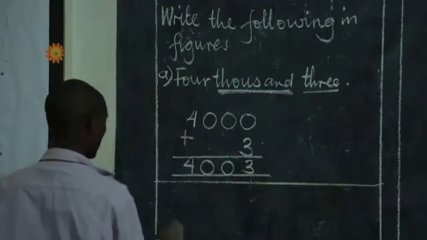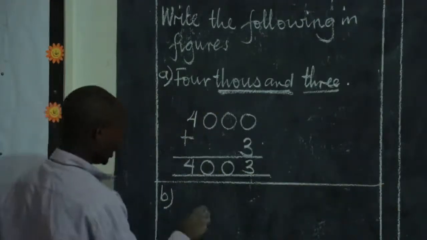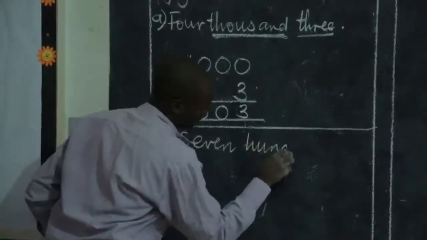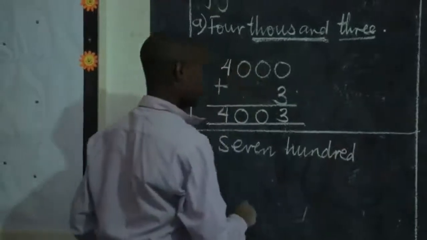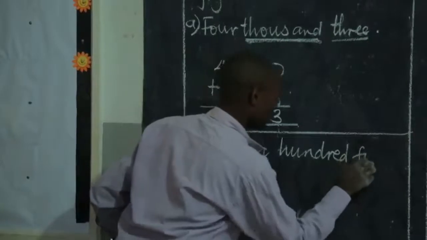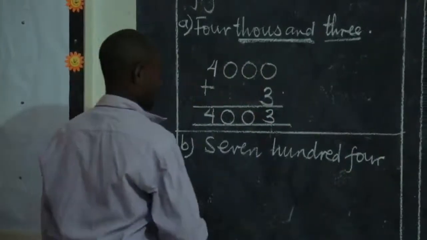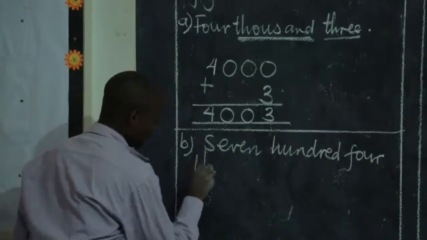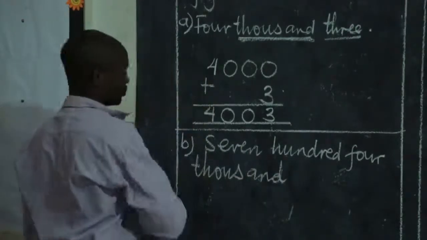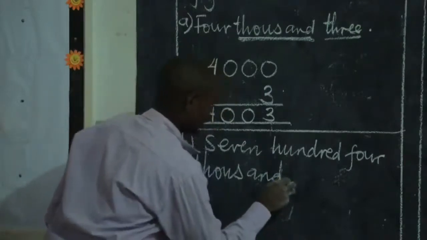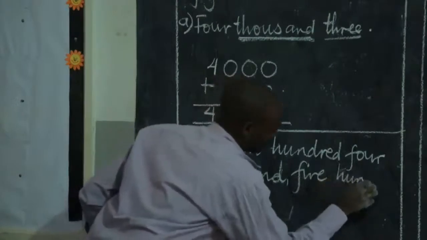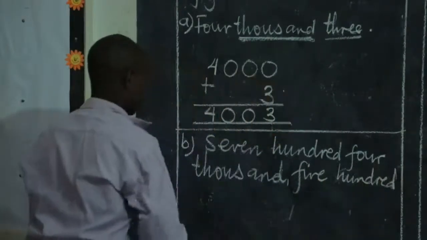Can we have another number? Let's have another example. We have 700, 4,000, then 500, 5.